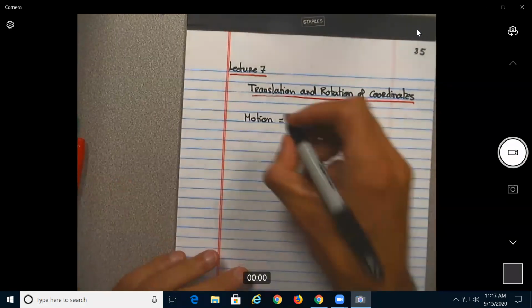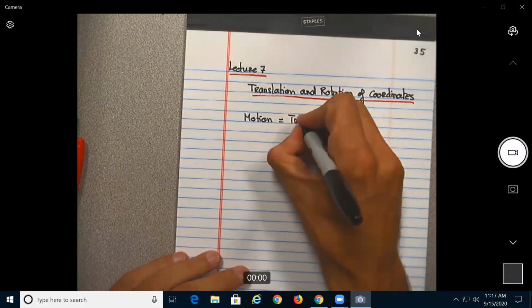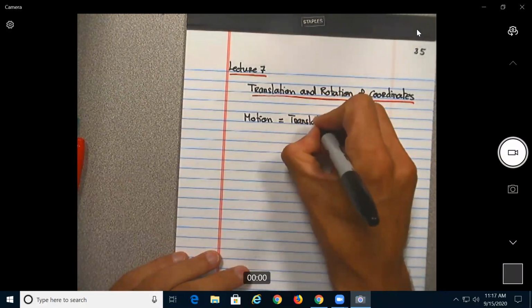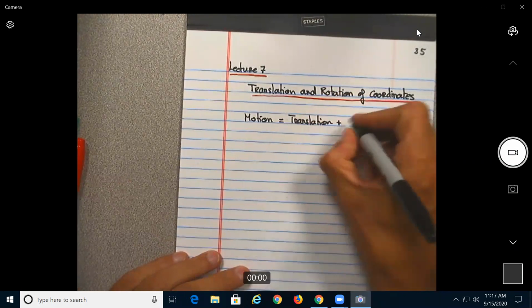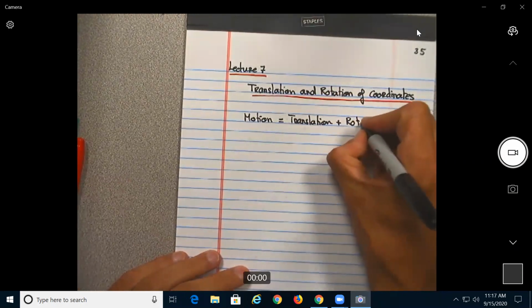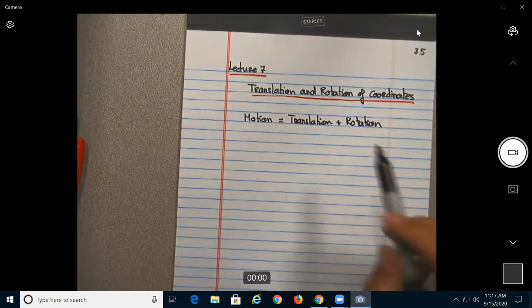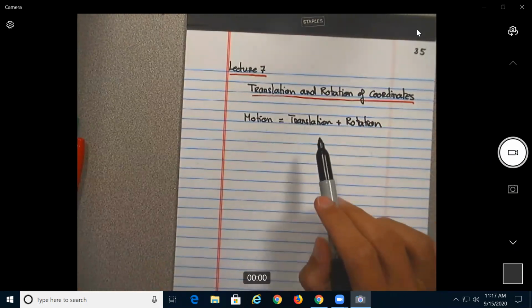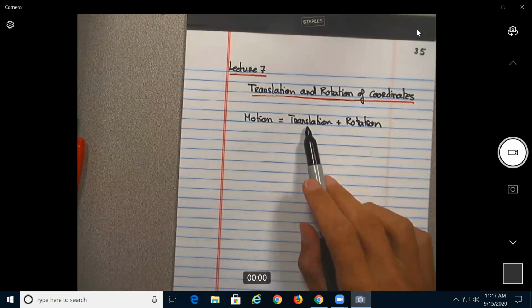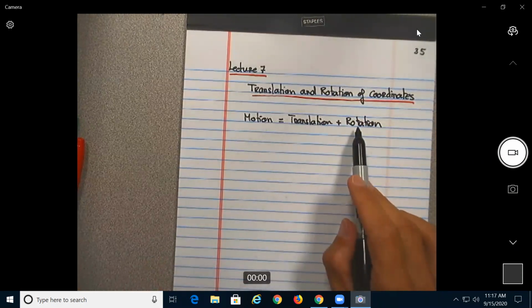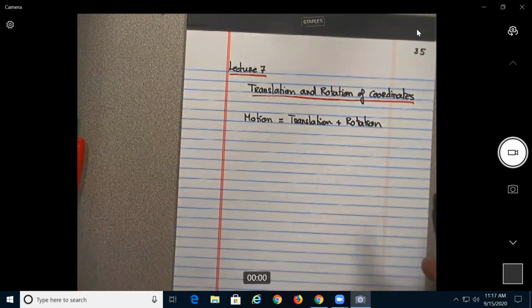One part will be due to translation, plus a second part due to rotation. That doesn't mean you need to have both every time. You can only have translation, like when you go in your car, or you can just have rotation, if you spin something. Or it can be a combination of both of them.